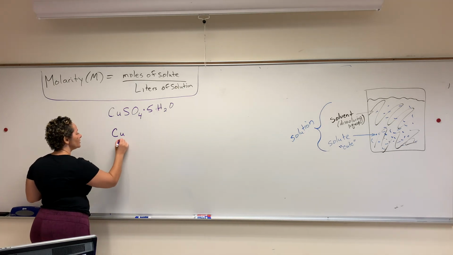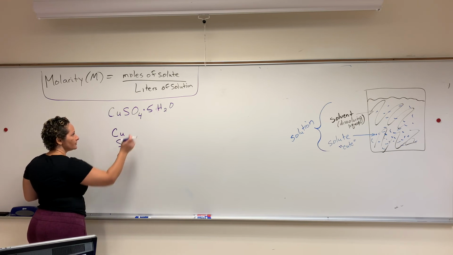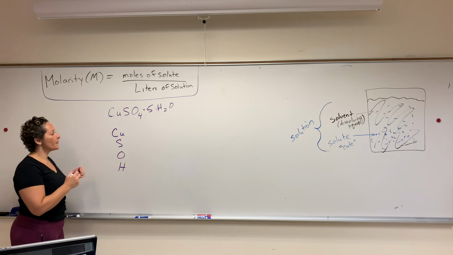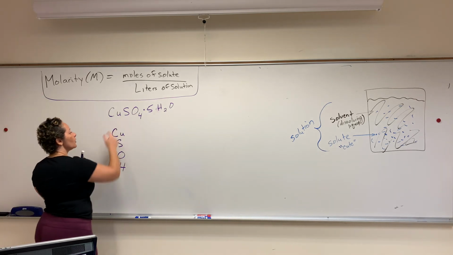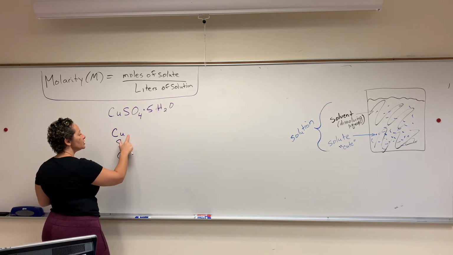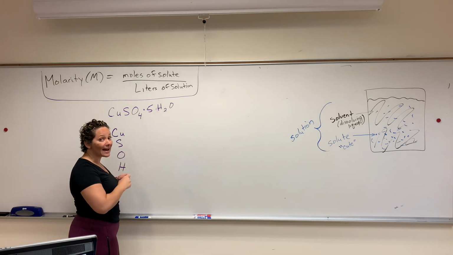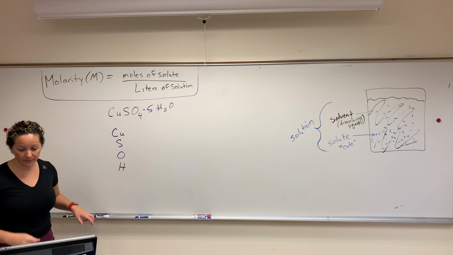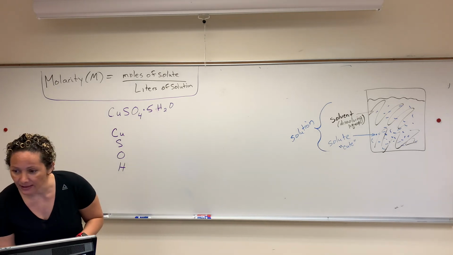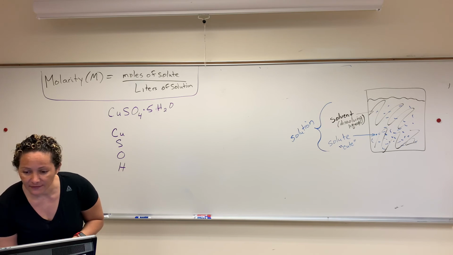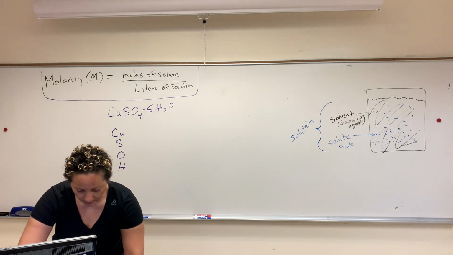So you have copper, sulfur, oxygen, hydrogens, and more oxygen, okay? So for copper, we just have 1 atom of copper. But what we need to do is look at our periodic table and find the mass of the copper. I didn't have a periodic table out. What was I thinking? Let me go to the internet because they have plenty of them there. Let's see.